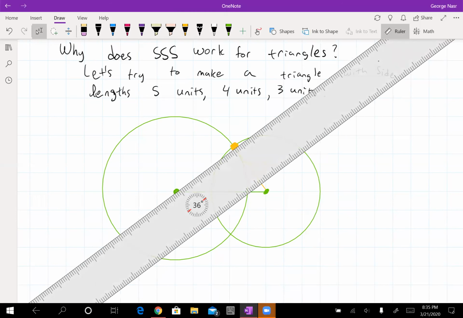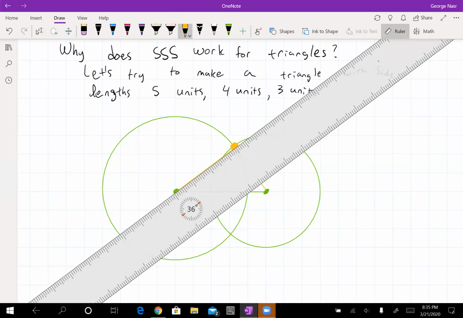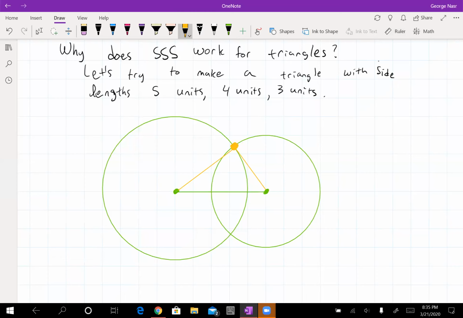Every point on the other circle, the one I'm doing right now, has distance 4 units from the other point. And so the resulting triangle must have the correct dimensions. Okay, but this isn't the only triangle this constructs. I also get a second triangle from down here.